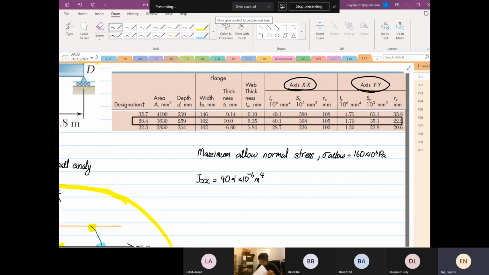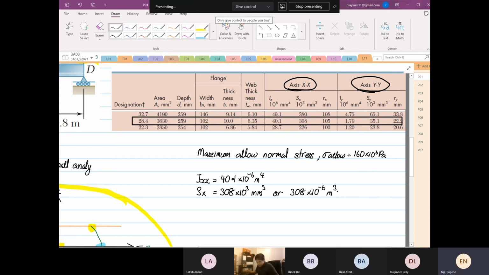So we write down first: SX is equal to 308 times 10 to the power 3 millimeter cube, or 308 times 10 to the power minus 6 meter cube.